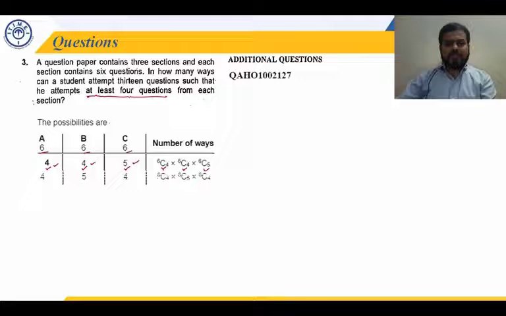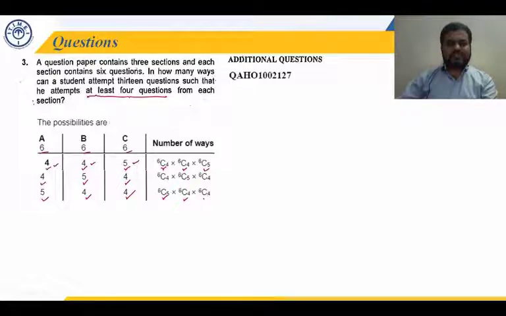Okay. Similarly, he can attempt 4 questions from here, 4 questions from here, and 5 questions from the middle section. The number of ways is 6C4 into 6C5 into 6C4. Or he can attempt 4 questions from section B, 4 from section C and 5 from section A. In this case, from the first section number of ways is 6C5, then 6C4, then 6C4.